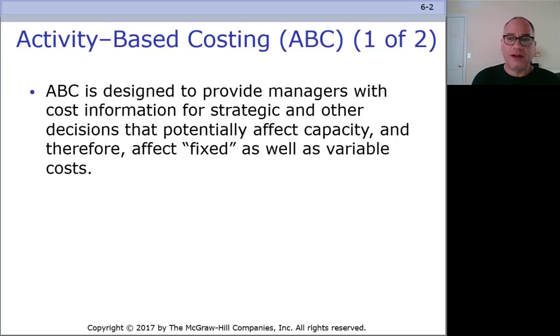That's valuable because it can help you make decisions about what products to make, how to make your products, and how to serve your customers, because the cost information from variable costing and absorption costing tends to be problematic. So activity-based costing can really help managers make better decisions about which products to make, how much to charge for those products, and a lot of specific decisions about how to run their company.